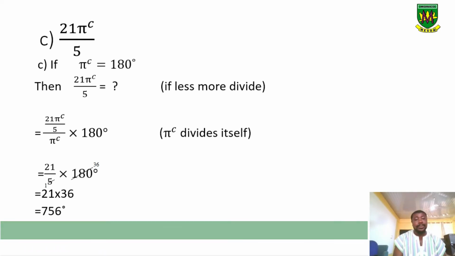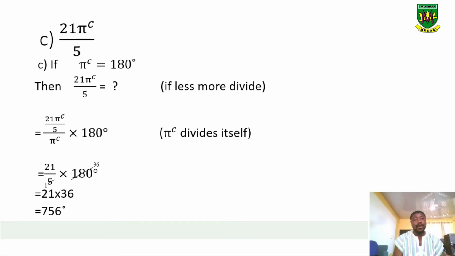Now, 21/5 times 180. 5 will go into itself 1, and we have said already that 5 will go into 180, 36. So we multiply 21 by 36, and that gives us 756 degrees.